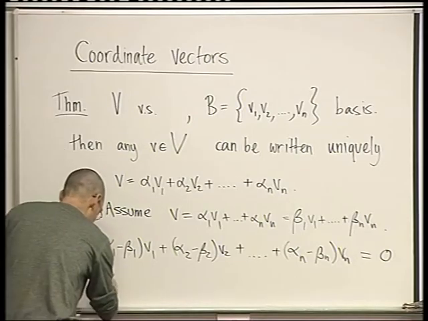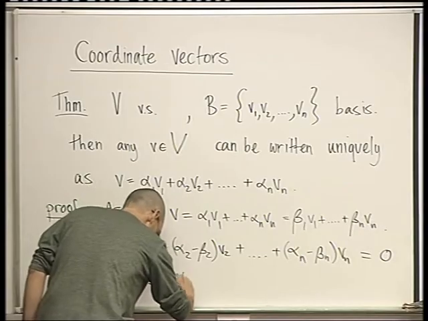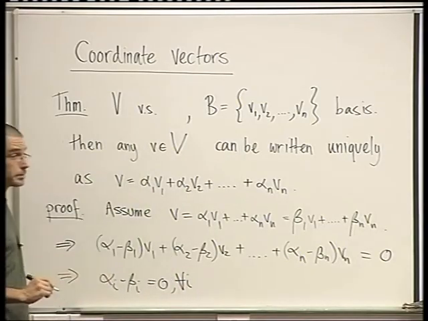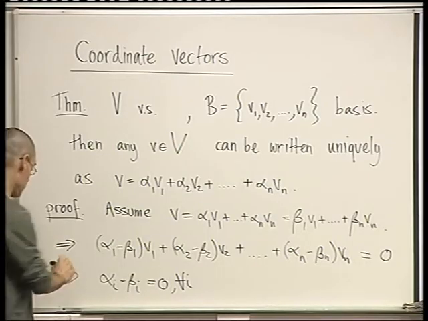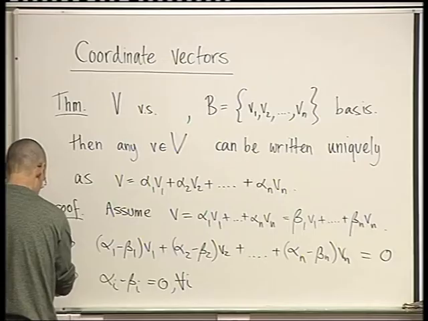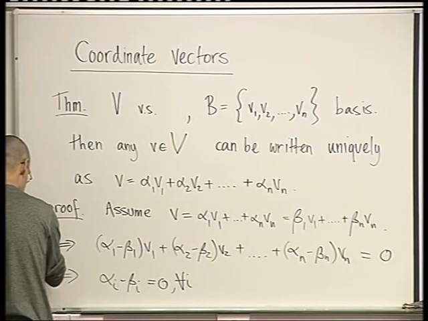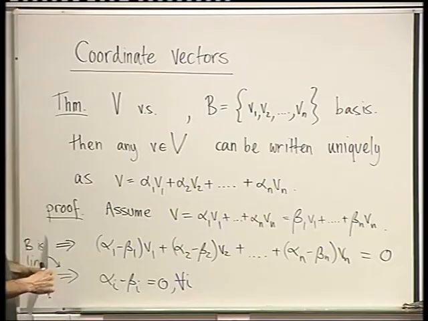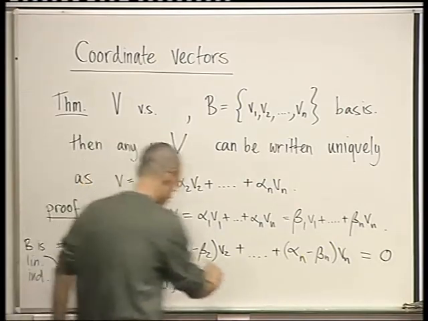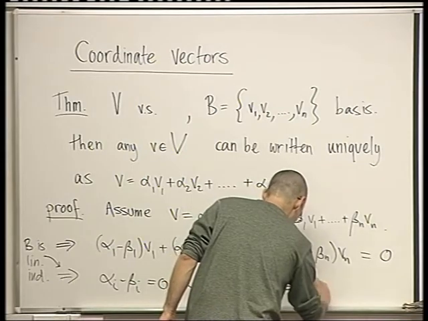Therefore, alpha I minus beta I equals 0 for every I. Do you agree? Because of linear independence. So maybe we should add here that the justification for this step is that B is linearly independent, because B is a basis. And therefore, alpha I equals beta I for every I.